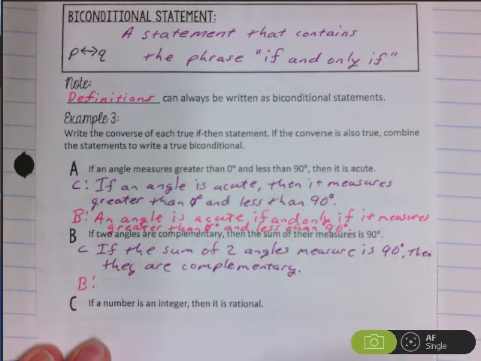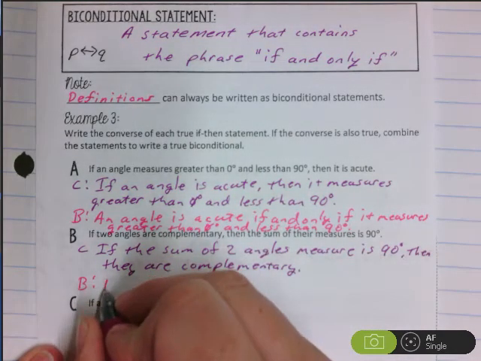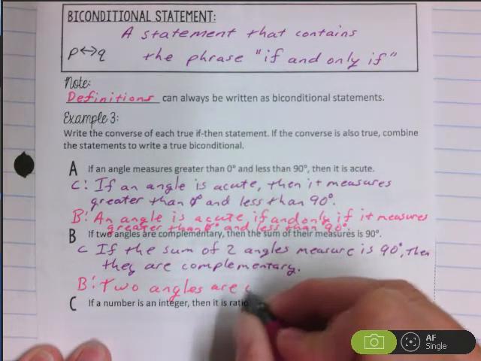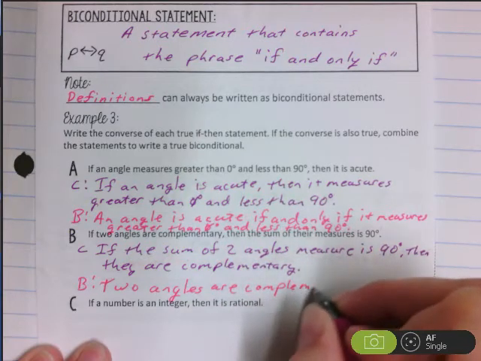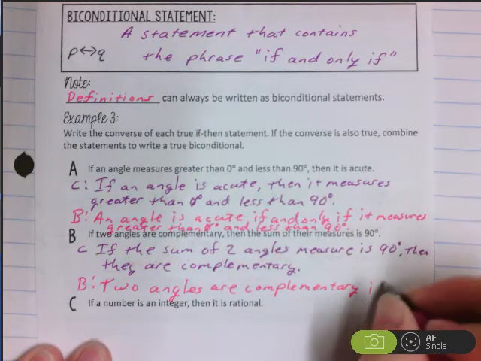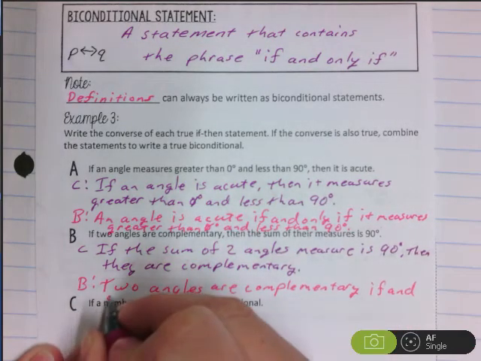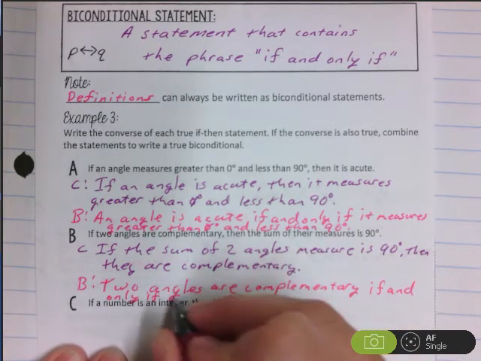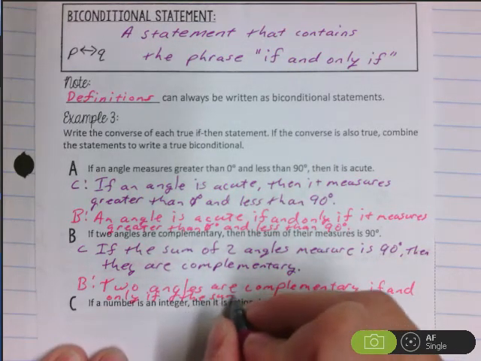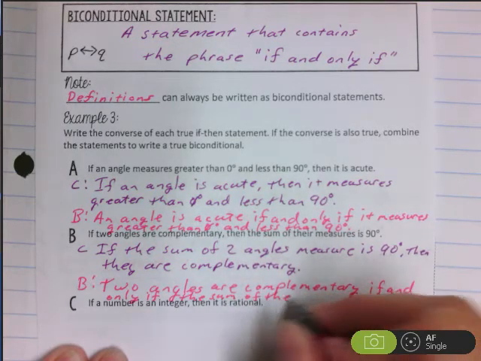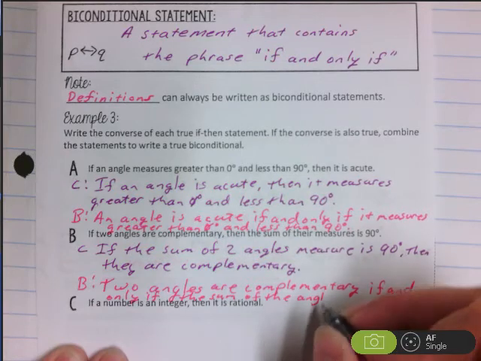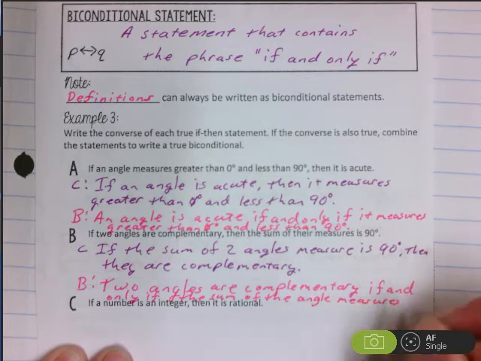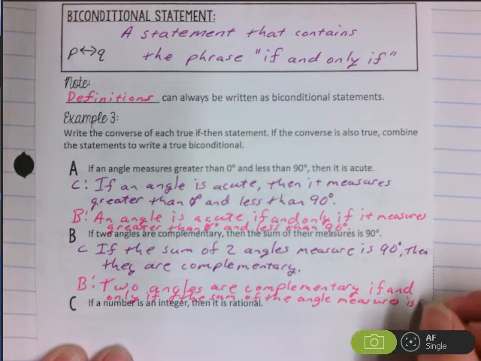Two angles are complementary if and only if the sum of the angle measures is 90 degrees.